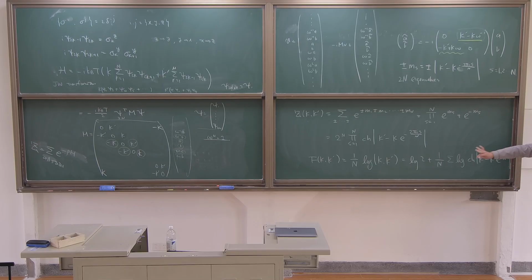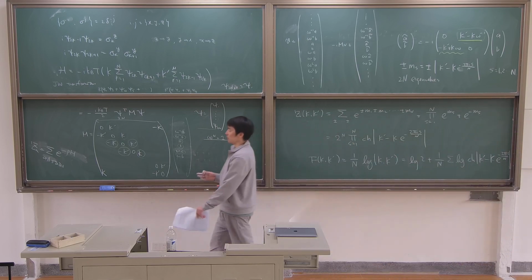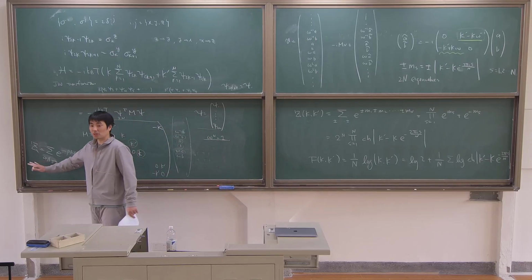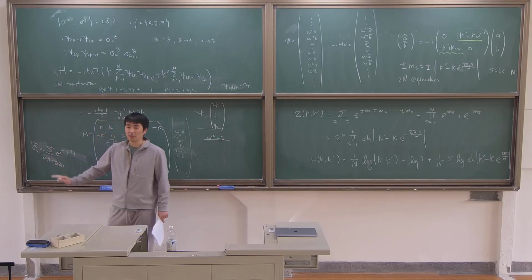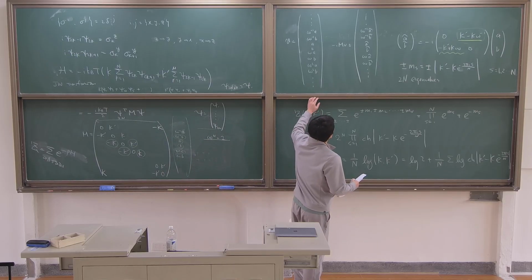So it's a very remarkable result, because you can sum over all possible states. This is essentially what we're doing, the sum over all possible states with the Boltzmann weight, but somehow in the Ising model you can do it.